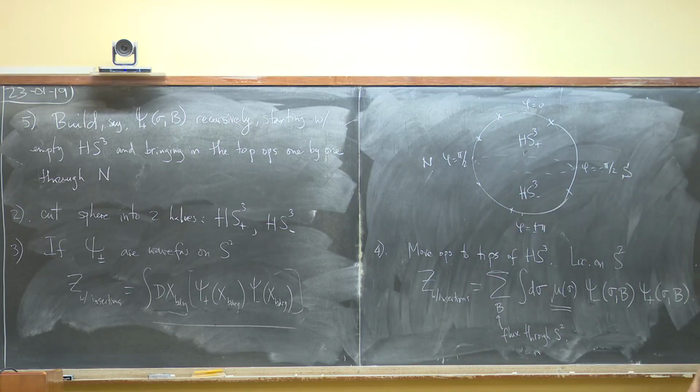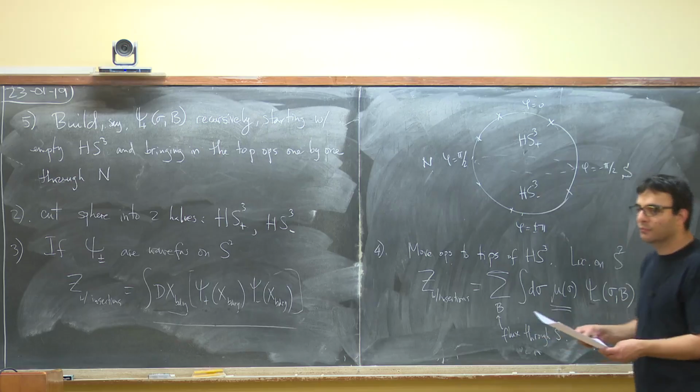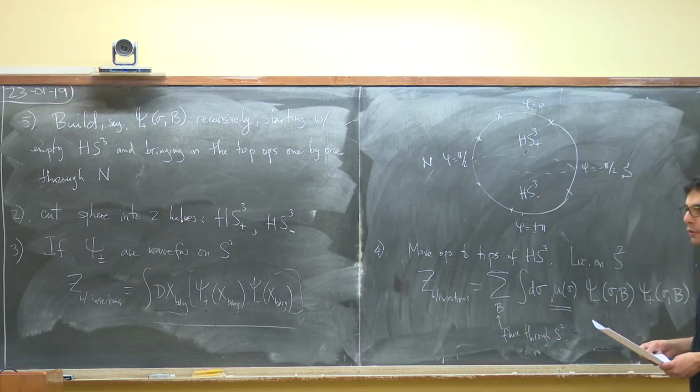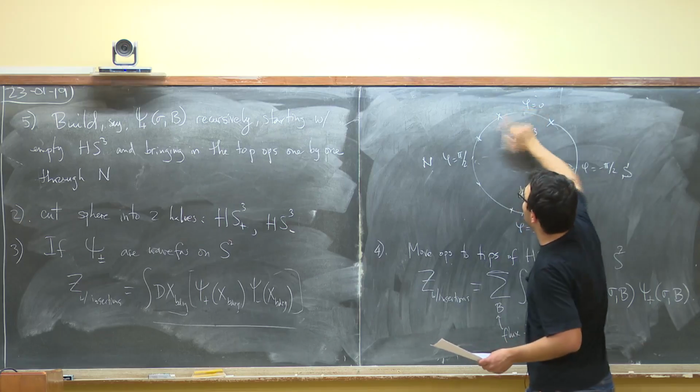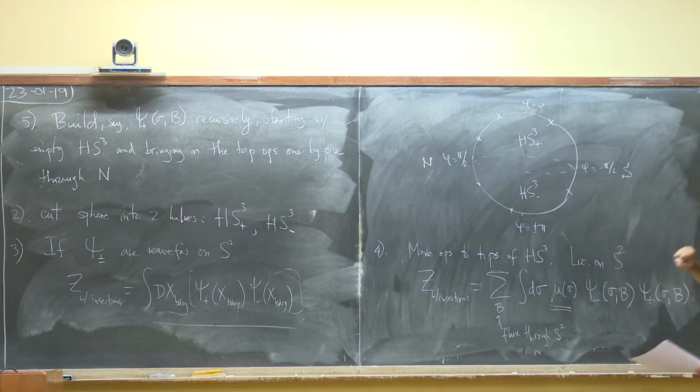And the effect of these operators that we're bringing in is that they just act as some operator on these wave functions of sigma and b. And how do you know all this? How do you know what bringing the operator does? We can compute some things: we can have a monopole operator over here at the tip, and we can compute the determinant over the hemisphere.